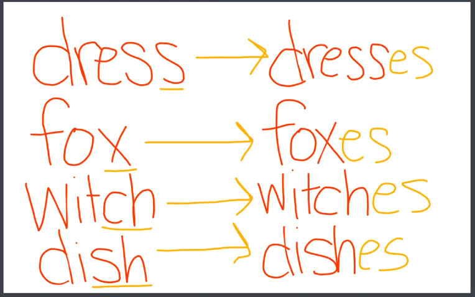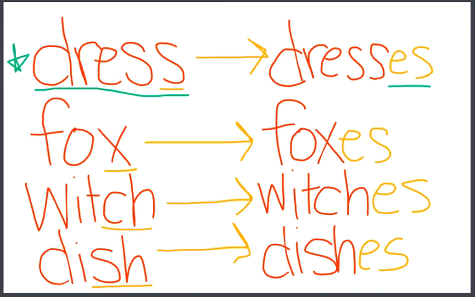Right here I've written out some examples. I have the word dress. D-R-E-S-S, dress. Dress has that S or the double S ending. So when we go on over, we have the dresses.